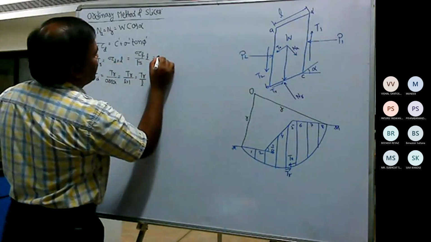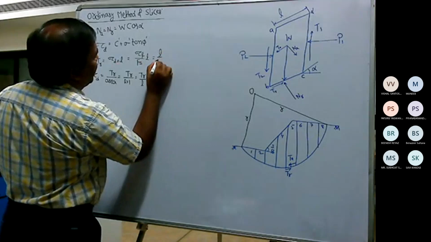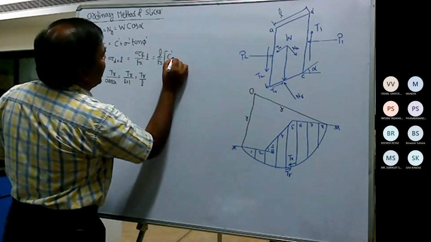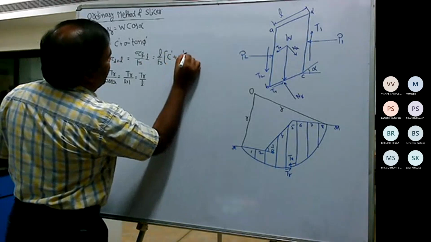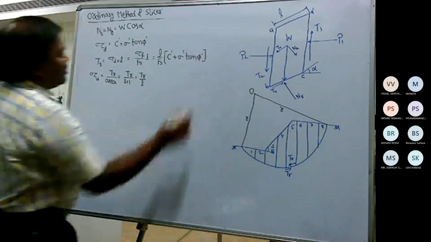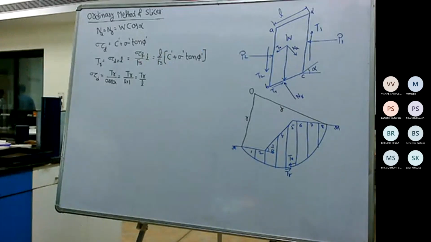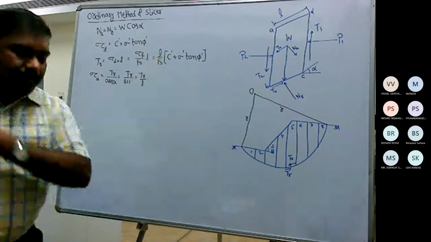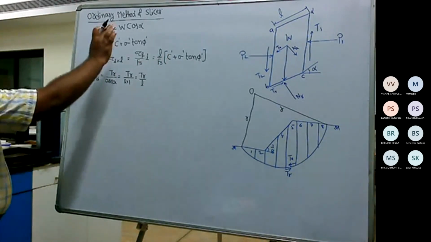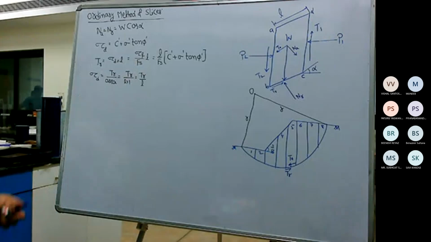So this can be written as L divided by the factor of safety into c dash plus sigma dash tan phi dash. So this is how normal force and shear force are determined.